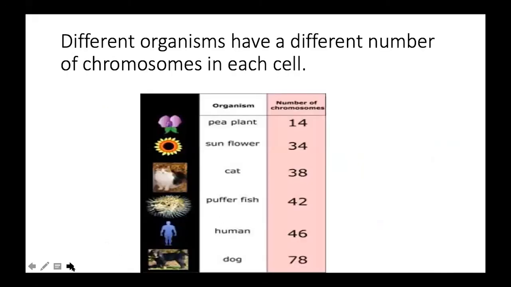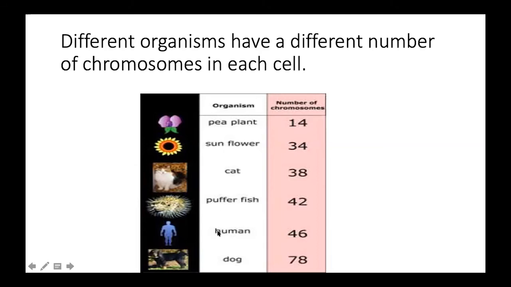Different forms of life have different numbers of chromosomes in each cell. Humans have 46 chromosomes in each cell, except the reproductive cells or gametes. Reproductive cells have 23 chromosomes.